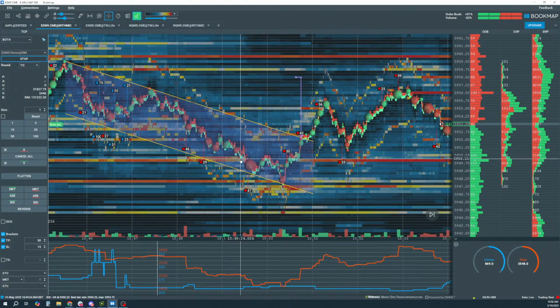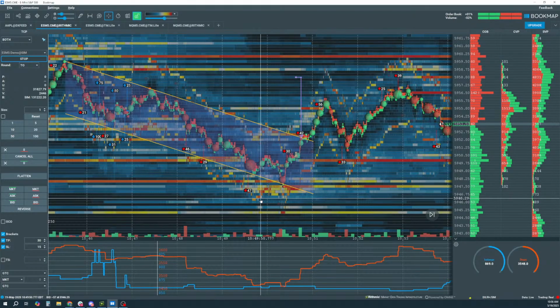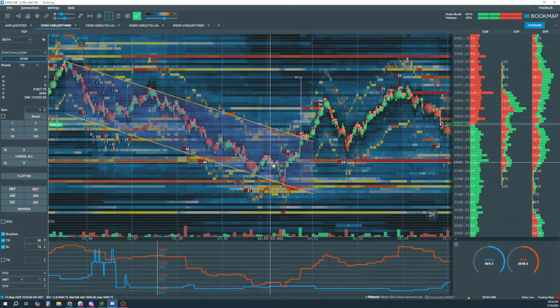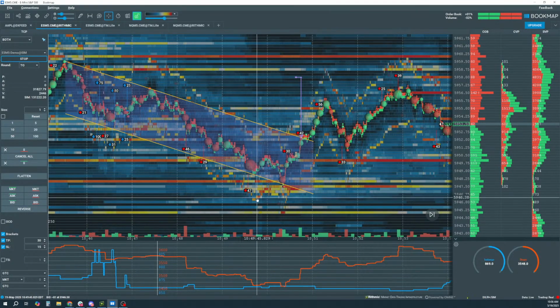It was Microsoft at 117, or was it AMD? Maybe it was AMD at 117 or something. And then we traded into that. Your cam level was there, and then we traded through it, and you could tell it was a stop run. We don't know for sure, but it really looked like it because it was such a flush through.